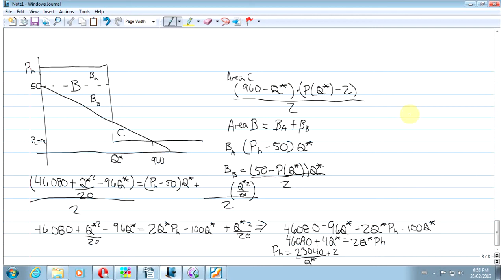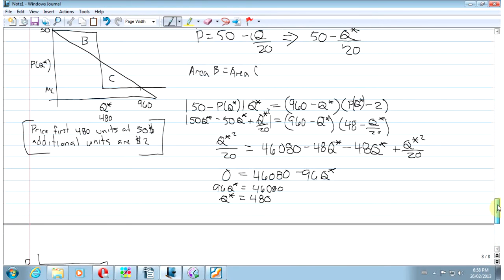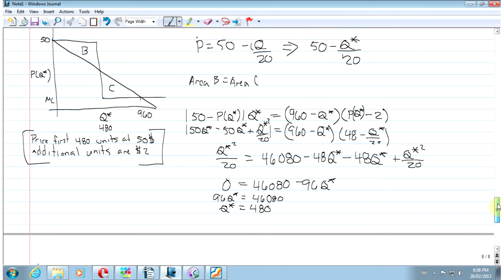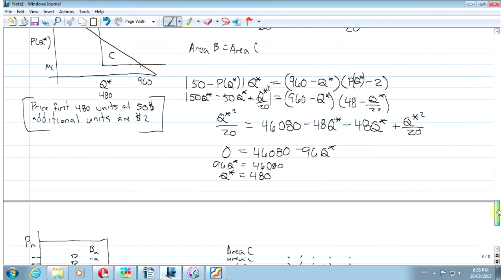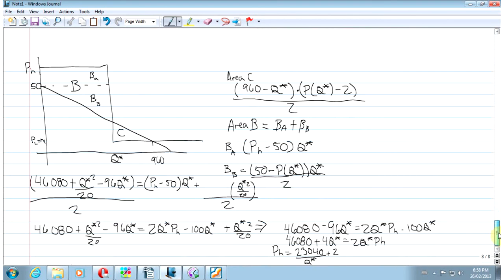So that's my answer to this question. Now my check is, if I put in my numbers from before, do I get the right thing? I wanted my price high to be 50 and my Q star to be 480.